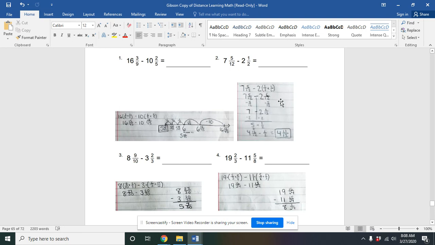Number two, we subtracted on both sides of the problem, so the constant difference between each side, to get to 4 11/12. And then down here for number 3 and 4, we just did the regular subtraction algorithm, and we made sure that they had the same denominator in order for us to subtract.